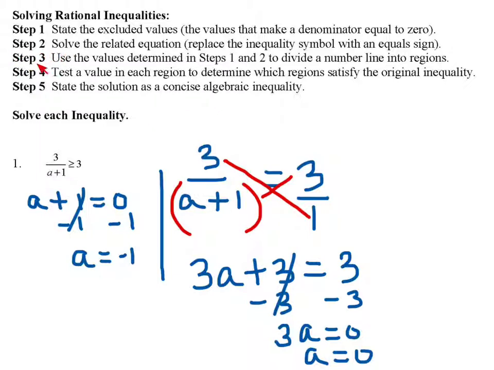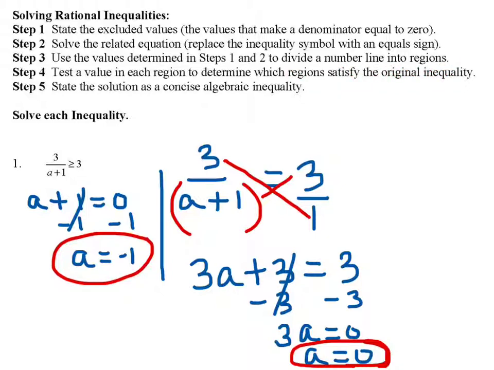Step 3 states to use the values determined in steps 1 and 2. Well, that would be a equals negative 1 and a equals 0, to divide a number line into regions.